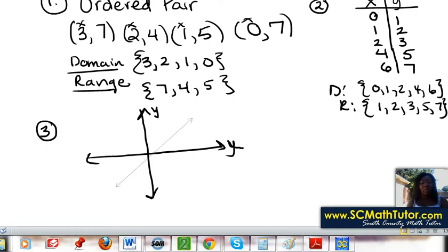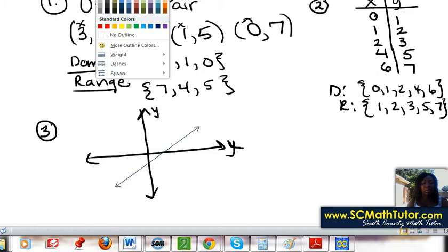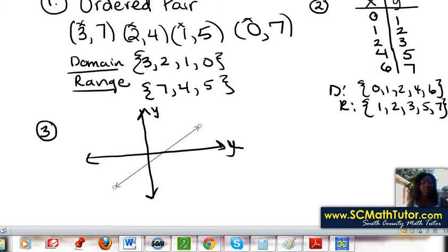Now we want to figure out what is the domain of that line and what is the range of that line.